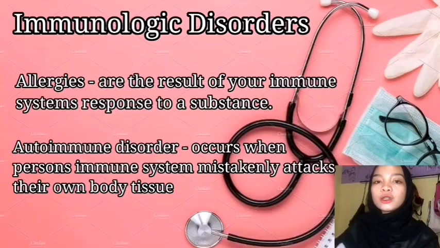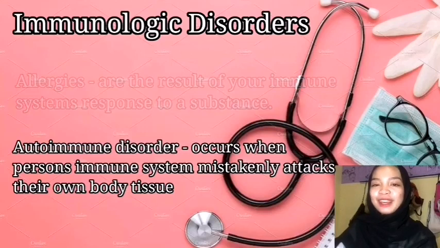So, for the autoimmune disorder occurs when a person's immune system mistakenly attacks their own body tissue. Autoimmune disorders are broadly grouped into two categories. The first category is the organ-specific, means one organ is affected, while in non-organ specific disorders, multiple organs or body systems may be affected.